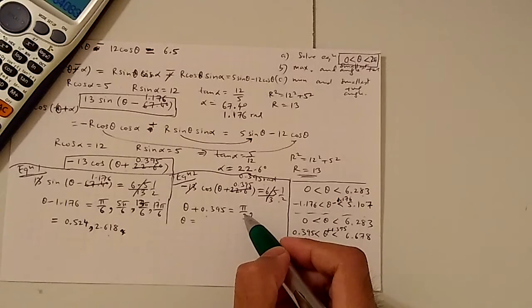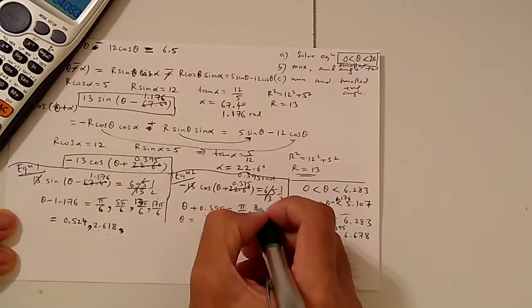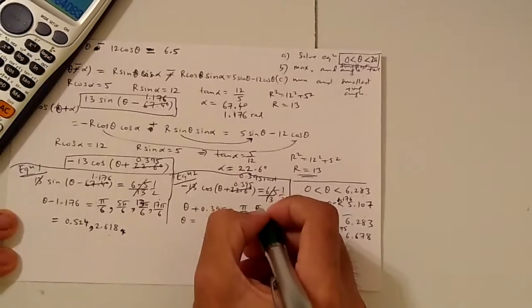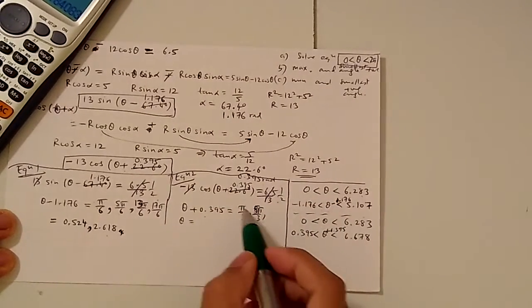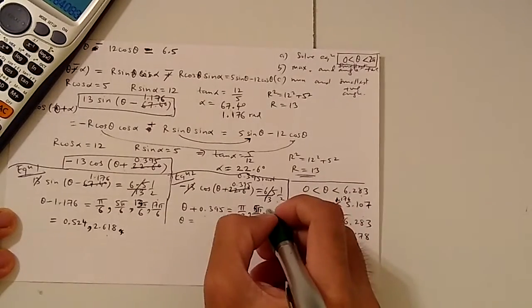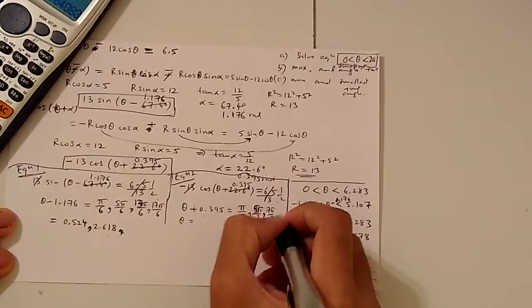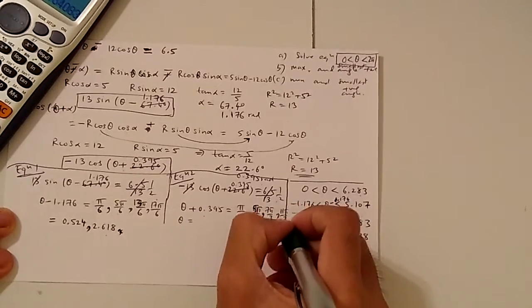If you use your ASTC diagram, you'll notice that this is 2 pi minus this, and that is going to be 5 pi by 3. The rest is going to be add 2 pi to this. 2 pi to the first one is going to give you 7 pi by 3. 2 pi to the second one is going to give you 11 pi by 3.